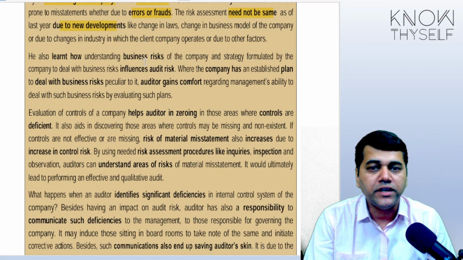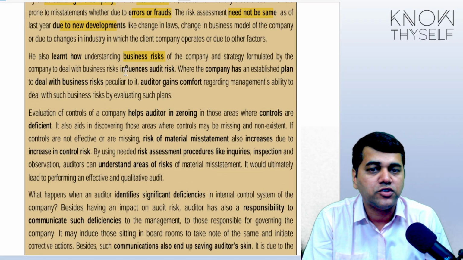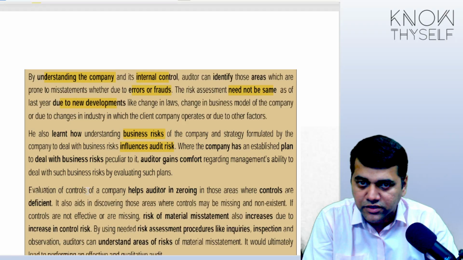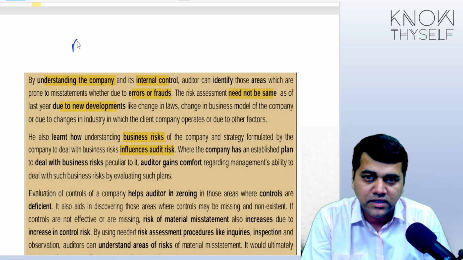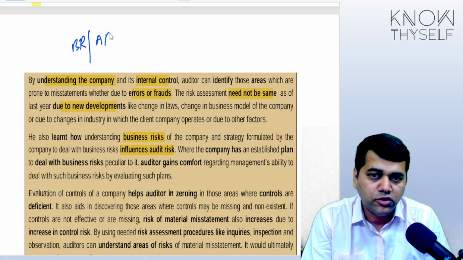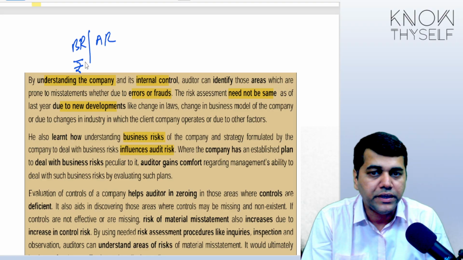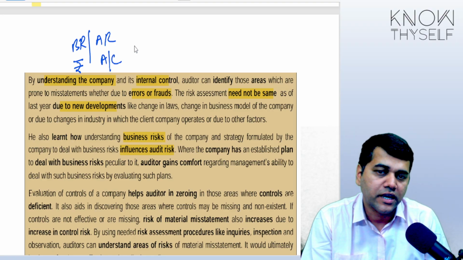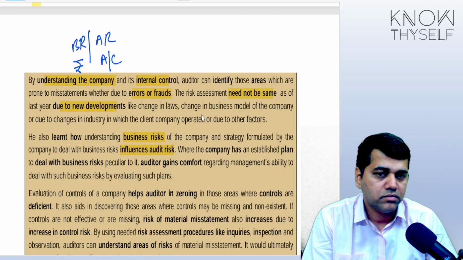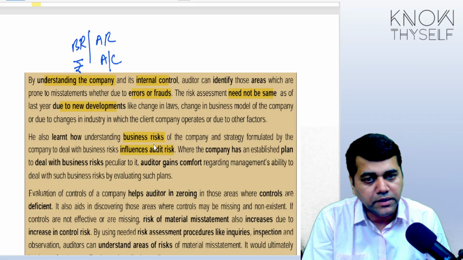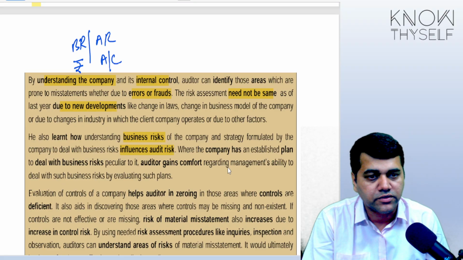And one very important thing, he understood how the business risk is going to influence the audit risk. Business risk and audit risk are 2 sides of the same coin. Business risk talks about the rupee, audit risk talks about the accounting. Every audit risk is influenced by the business risk.